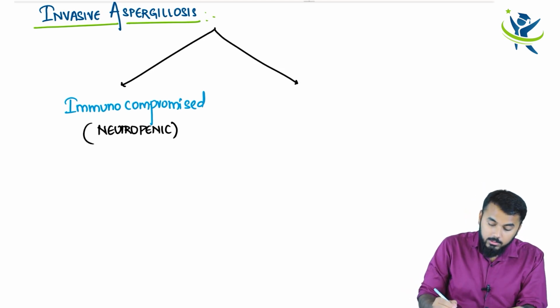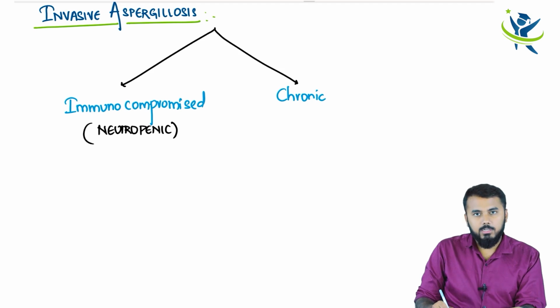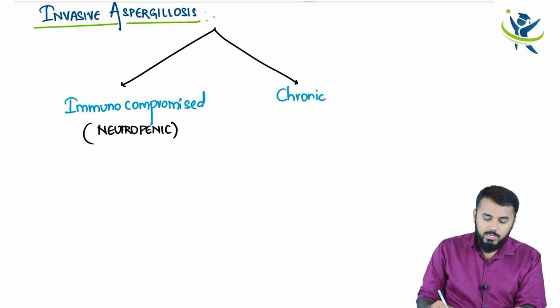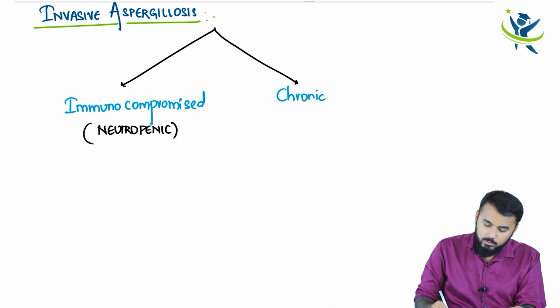Next, you will also see it in patients who have a disease called chronic granulomatous disease. You have studied this in pathology, but I have also explained in bacteriology what chronic granulomatous disease is, so please watch those videos.